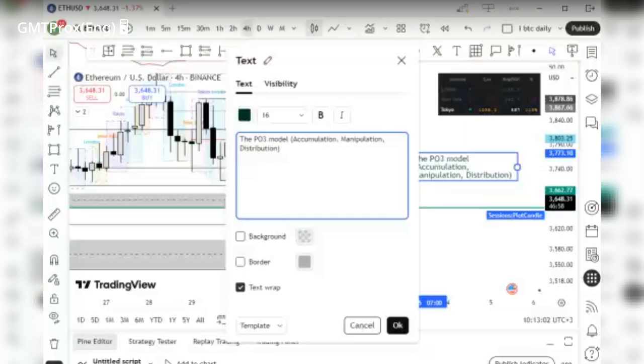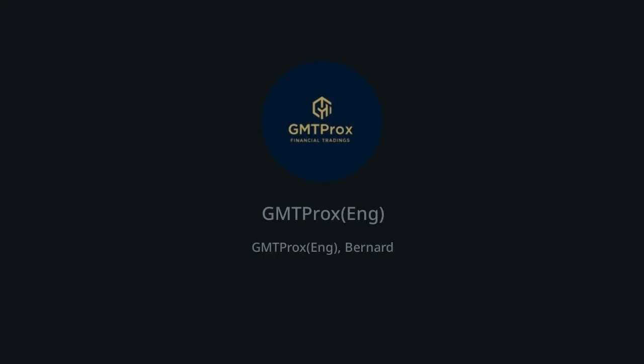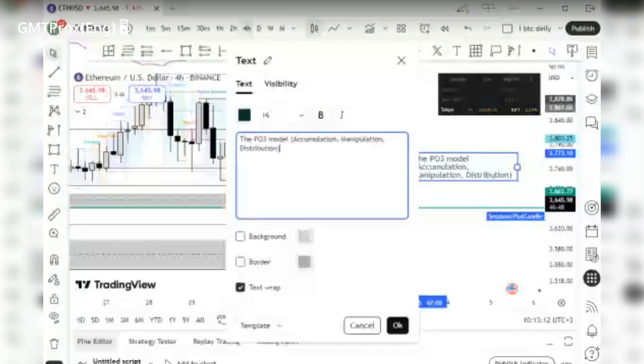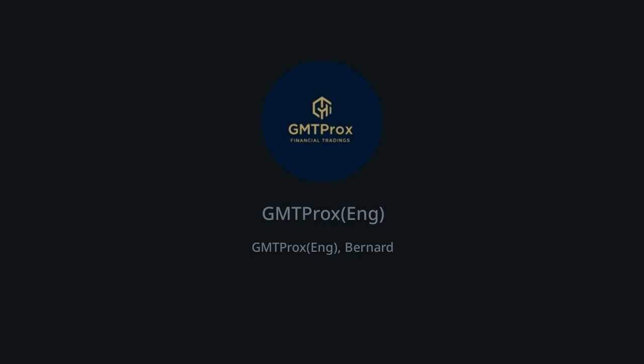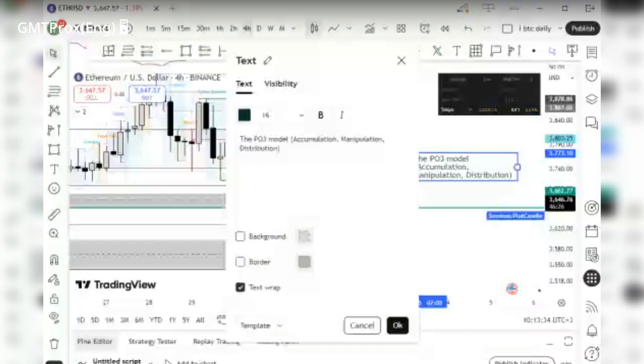So the PO3 model means accumulation, manipulation, and distribution. This is what I'm trying to share with you guys. So you have to start from a high time frame and then go down. You examine the length of a candle, or the power of three, and the price combination of participants, buyers and sellers, and how they move the price.